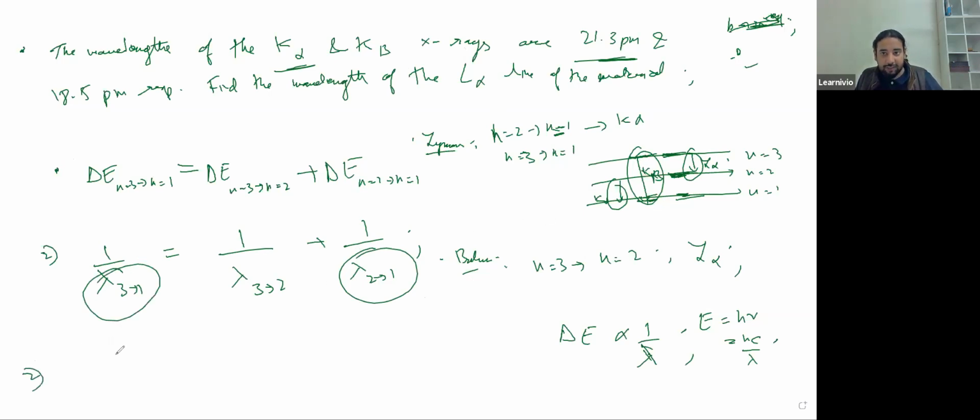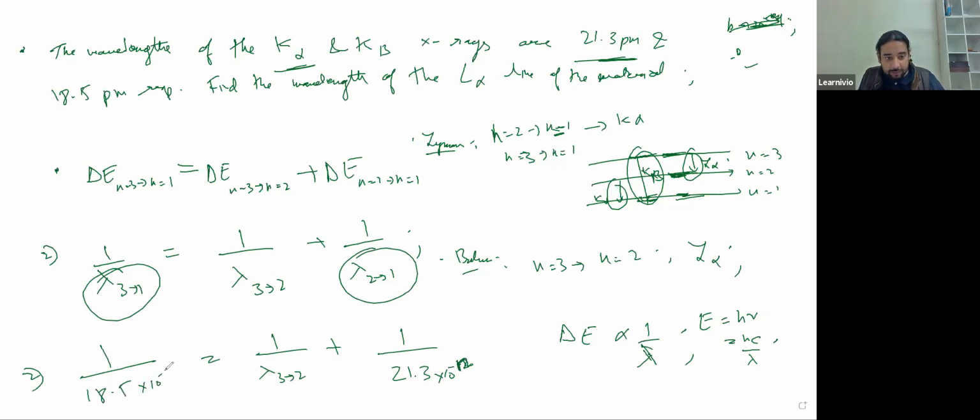So let's put in the values. K alpha is given to be 21.3 picometers, which is 10 to the power minus 12 meters, and you have 18.5 times 10 to the power minus 12 meters.